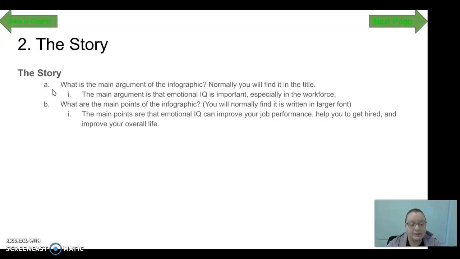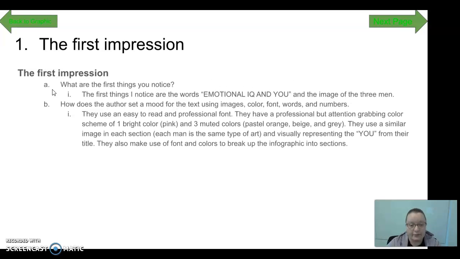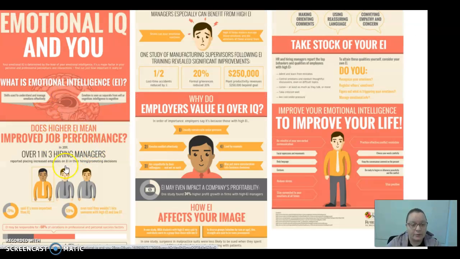And then the main points of the infographic, normally you're going to find this in these subsections. The main points are that emotional IQ can improve your job performance, help you get hired, and improve your overall life. So you can see that here, improves your job performance, helps you to get hired, and will help you to improve your life.